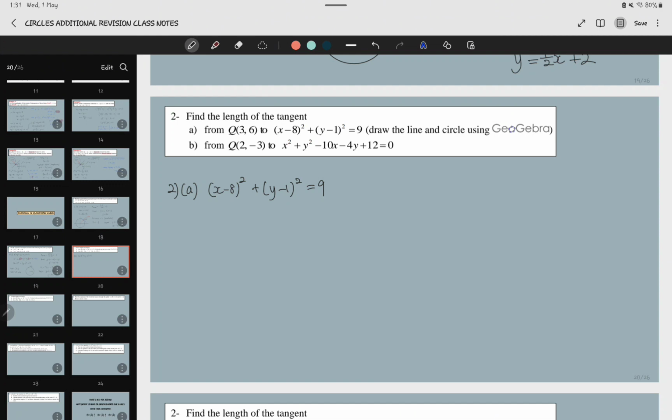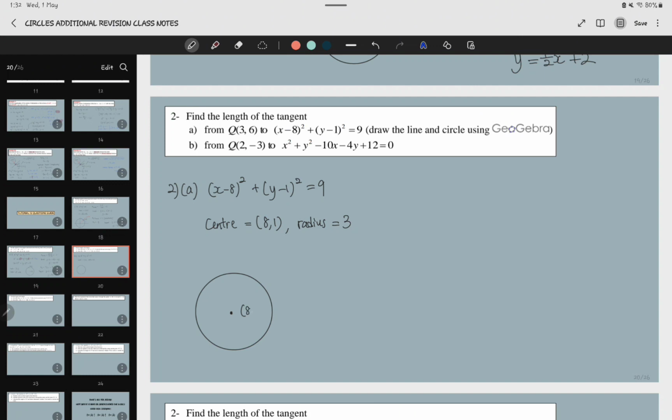From here we can determine the center is 8, 1 and the radius is 3, because square root of 9 is 3. Okay, now look at the point. What does the point tell you? 3, 6. So it would be logical to sketch the circle.